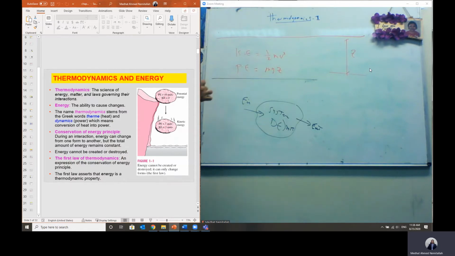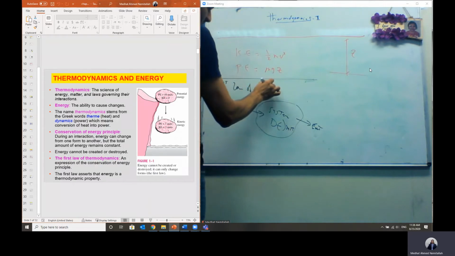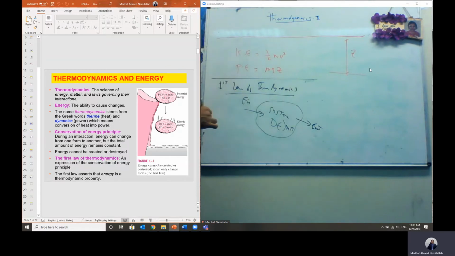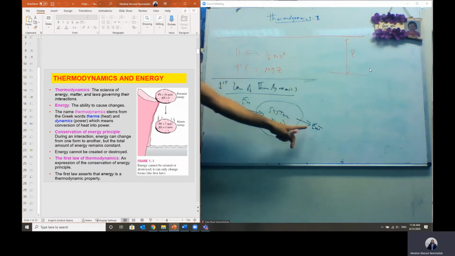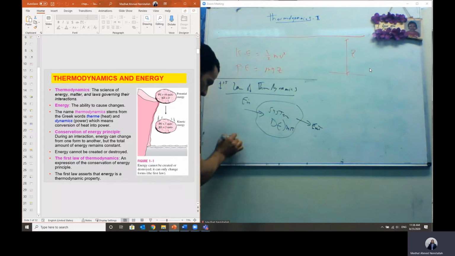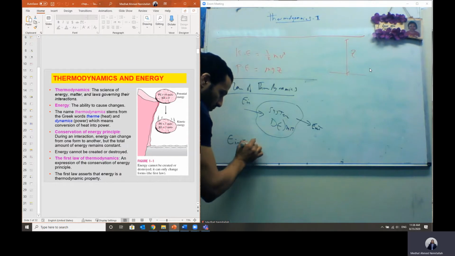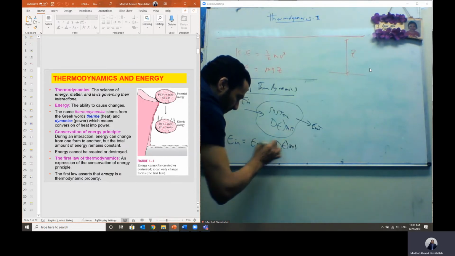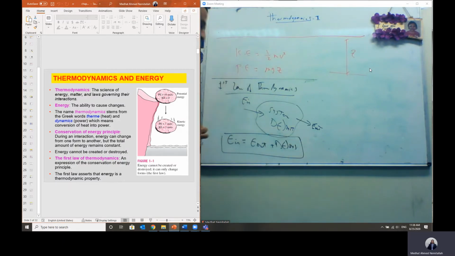The first law of thermodynamics in this case says that energy cannot be created or destroyed, so the energy input to the system should equal the energy output plus the part of energy stored within the system, delta E. So we can say energy in equals energy out plus the change of energy within this system.